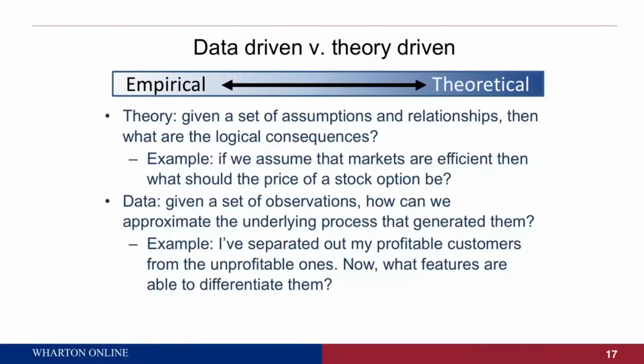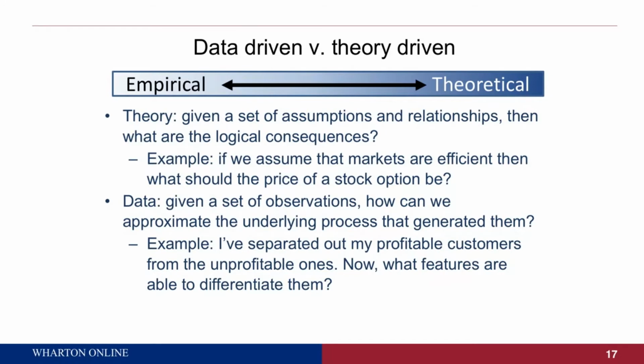Okay, there's a spectrum out there, and most models fit on the spectrum somewhere between empirical and theoretical. So an example of a theoretical model is an option pricing model. And what I mean by a theoretical model is that someone has laid down a set of assumptions, they've written down some relationships, and they've really asked what are the logical consequences of those assumptions and relationships.